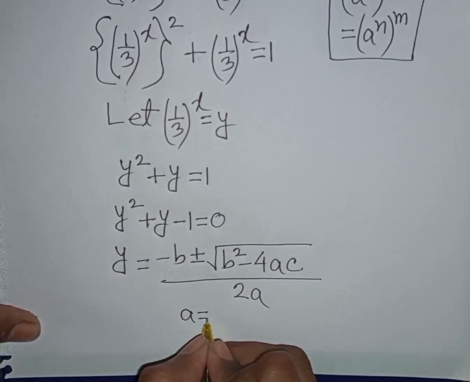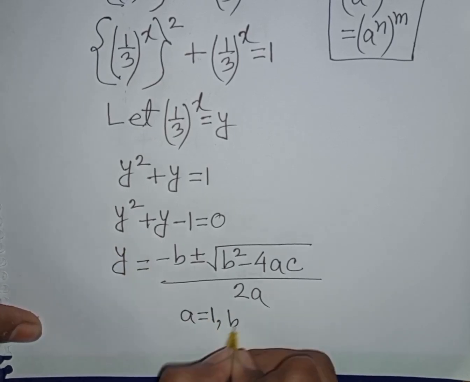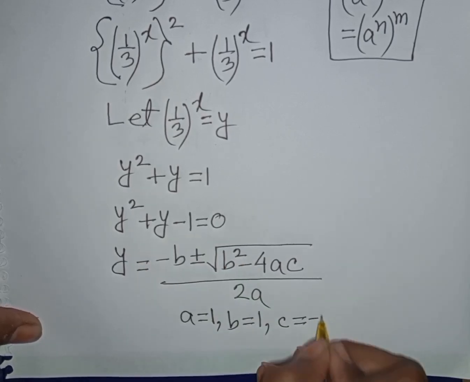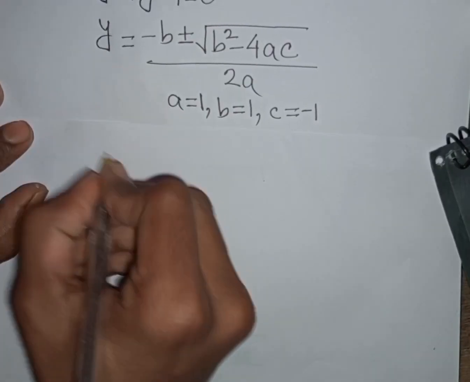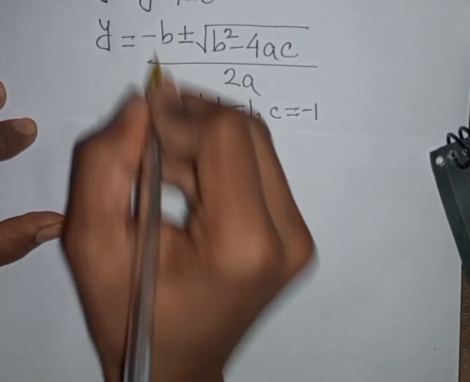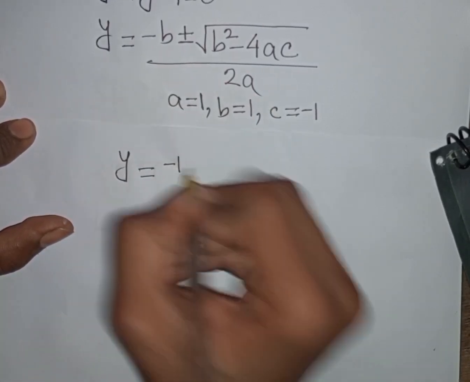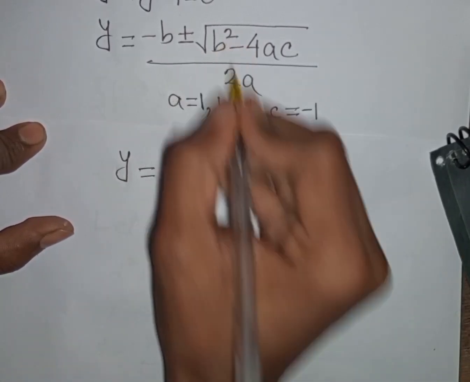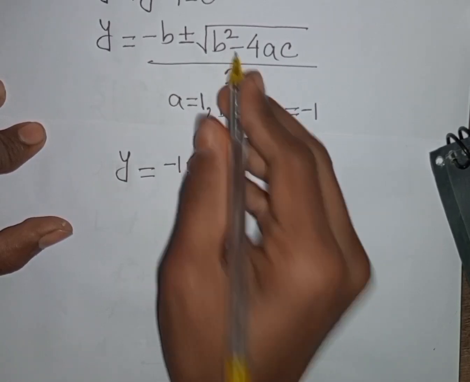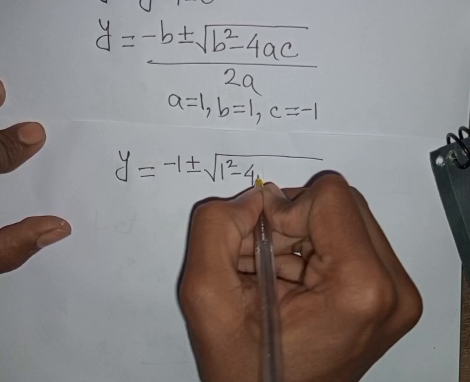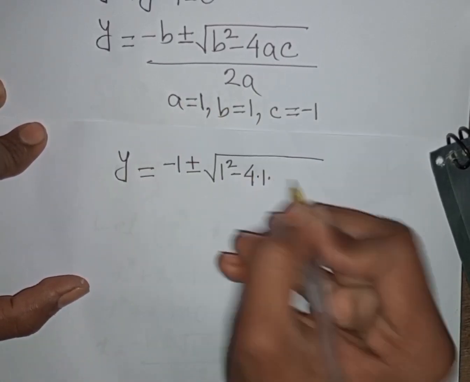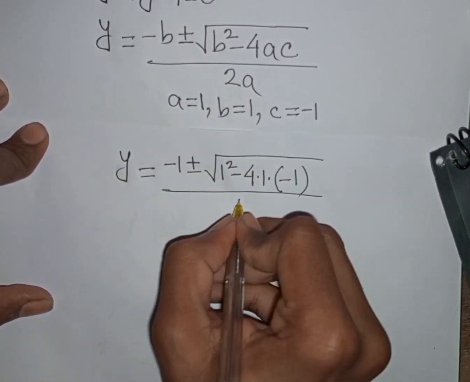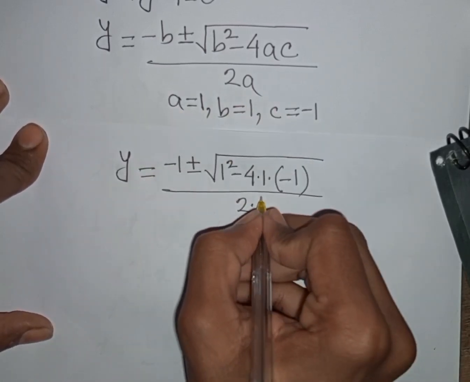Here a = 1, b = 1, c = -1. So y = (-1 ± sqrt(1^2 - 4 times 1 times (-1))) / (2 times 1).